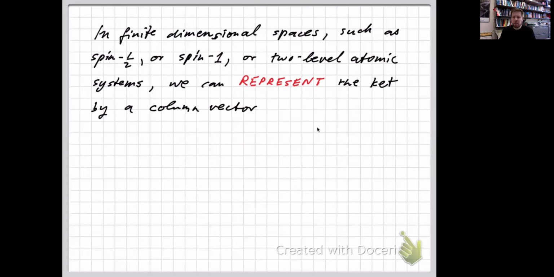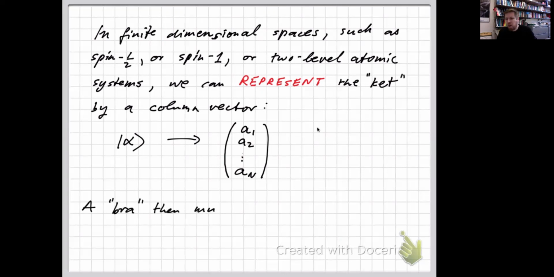And when that's the case, we can represent the ket by a column vector. This arrow here is meant to symbolize "represented by". So this alpha ket can be represented by an n-dimensional column vector. In this case of spin 1/2, n-dimensional is just a 2-dimensional column vector.